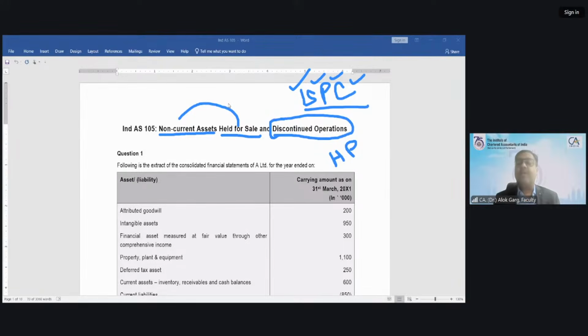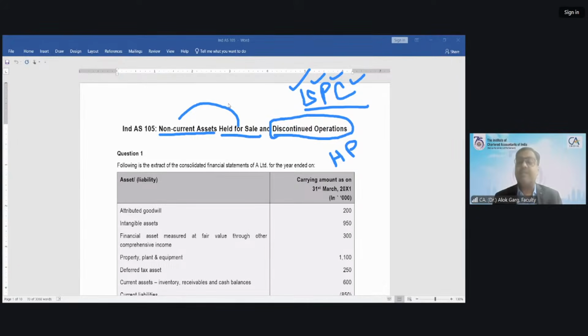Talking about the measurement criteria, when an individual asset or group of assets is classified as held for sale, it has to be measured on the date of classification at the lower of carrying value as per the respective standard and fair value less cost to sell.